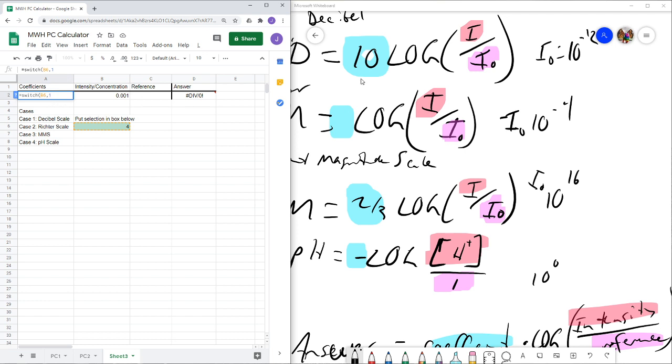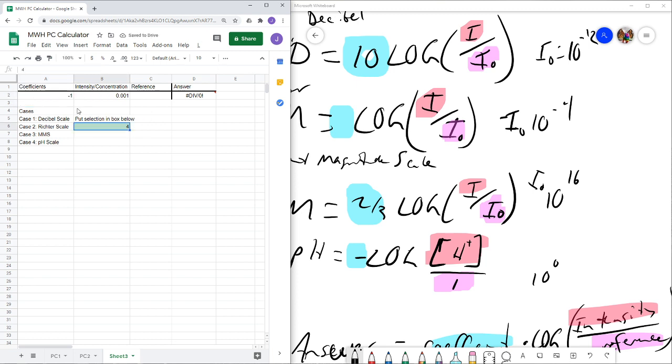Our coefficient is 10, so when it's case 1, this cell A2 is going to take on a value of 10. Case 2, it's going to take on a value of 1. Case 3, it's going to take on a value of 2/3. And case 4, we're going to take on a value of -1. And then we want to close parentheses, hit enter.